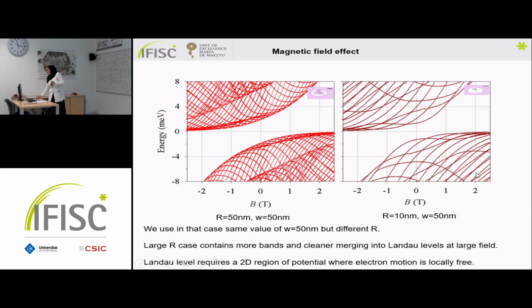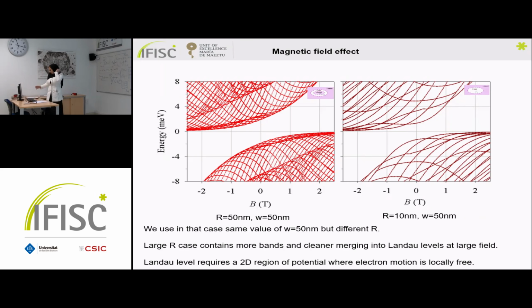But in the dot, we also have the condition of Landau levels, but the spectrum shows not very clean emergence of Landau levels. Because I think we use a little bit of filtering, a technique in our numerical calculation, maybe because of that we get this behavior, but otherwise the Landau level physics is satisfied in this case.